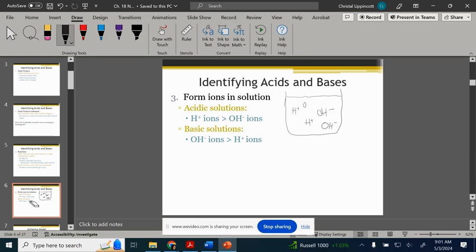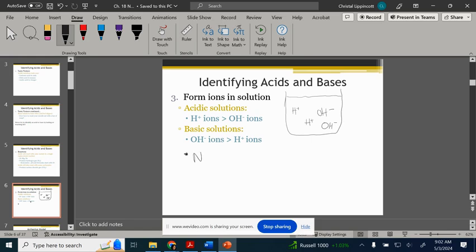If you have an equal amount of both, what kind do you have? What do you think that's called? Water? And what is water considered as far as acid or base?